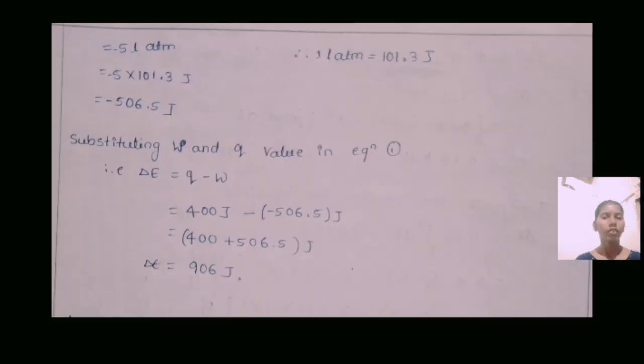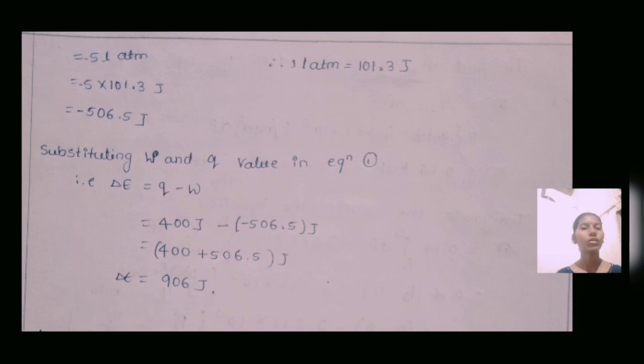liter atm. To convert liter atm into joules, multiply by 101.3 joules. Minus 5 into 101.3 is equal to minus 506.5 joules.